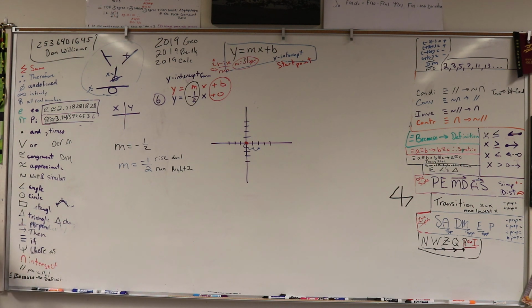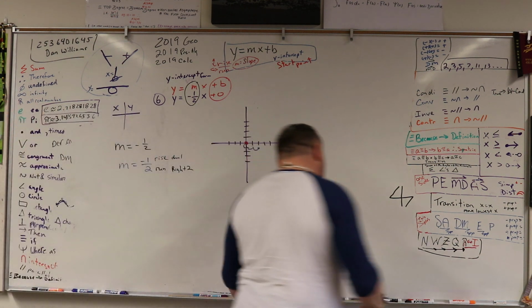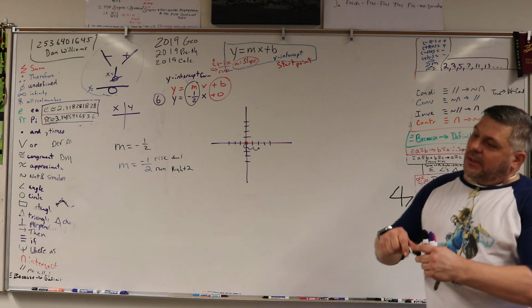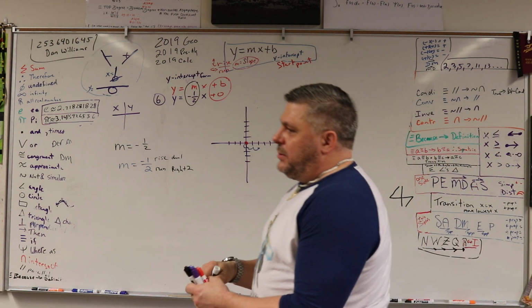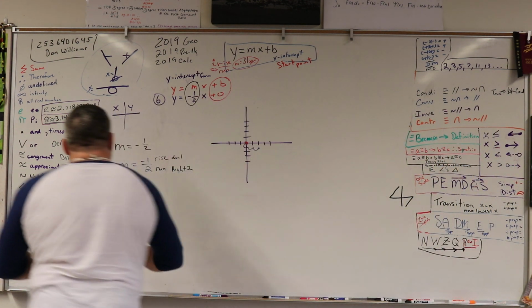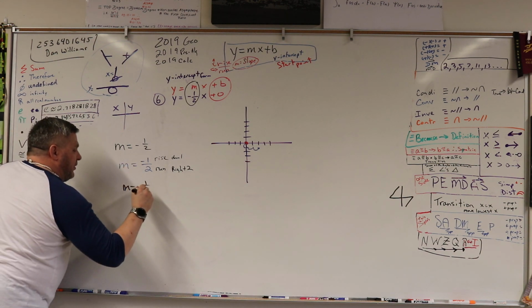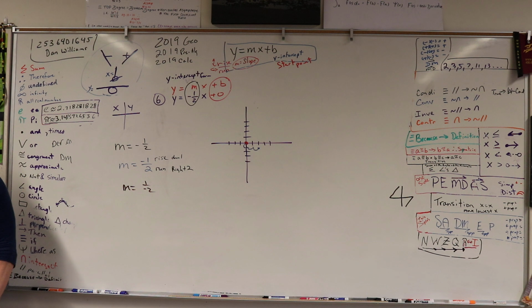Okay? Alright, now, since that makes sense, let's do something really funky. Okay? Could I have 1 over -2? Isn't that the same as -1/2? 1 over -2?